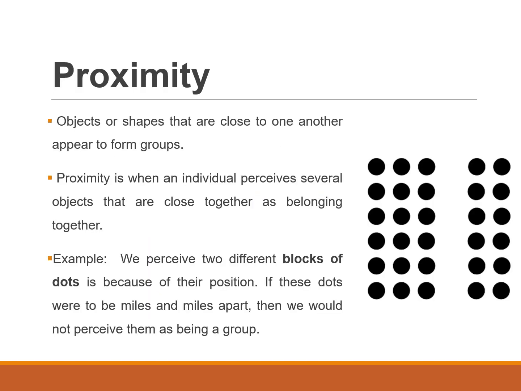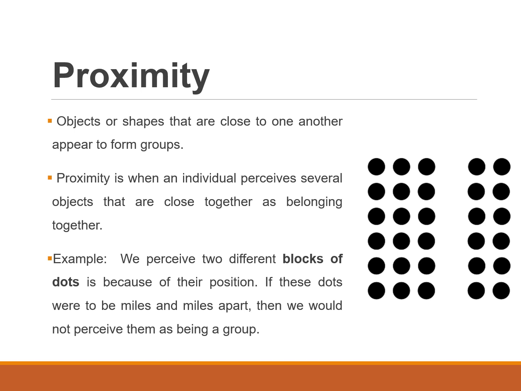And proximity means that things which are closer together will be seen as belonging together. Objects or shapes that are close to one another appear to form groups. Proximity is when an individual perceives several objects that are close together as belonging together.